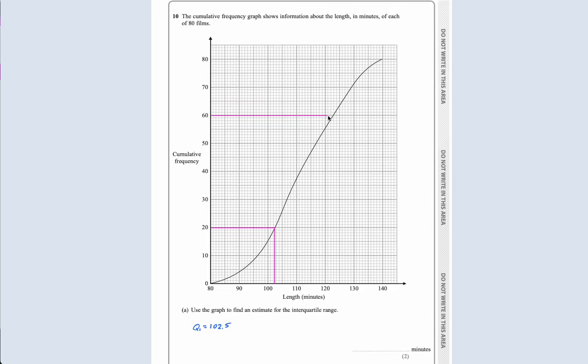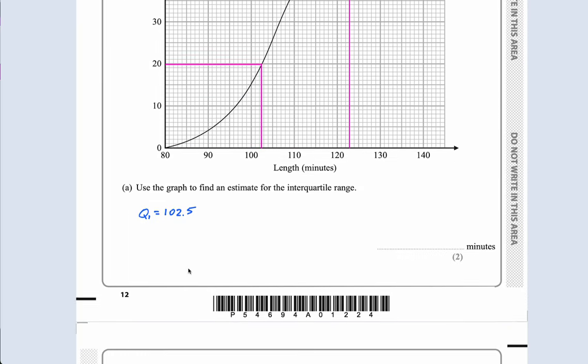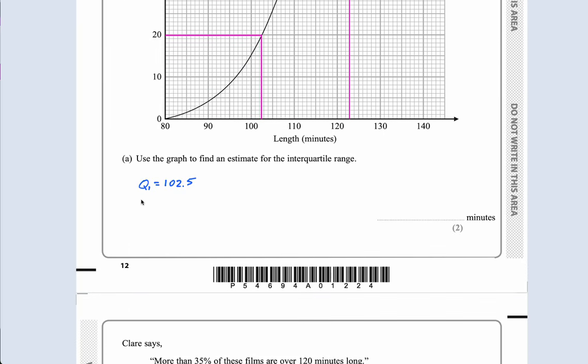So I go to here. That one's more on the line. Draw a line straight down. That's 123. So Q3 is 123.